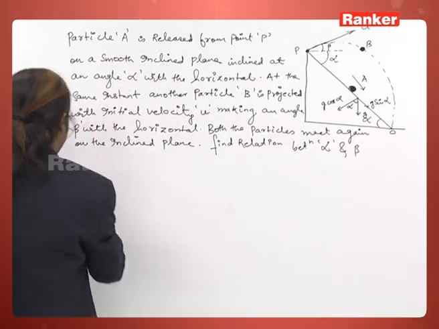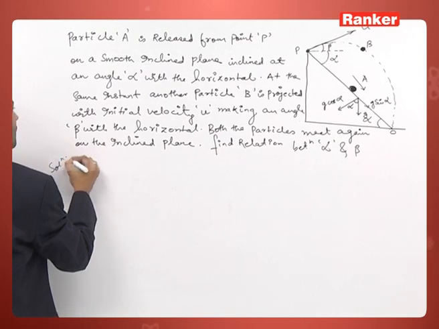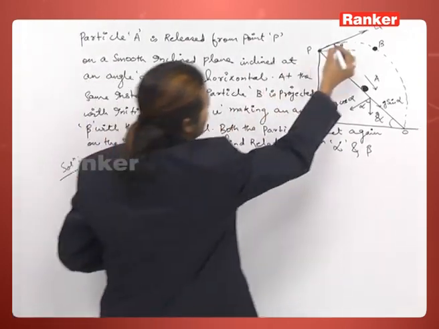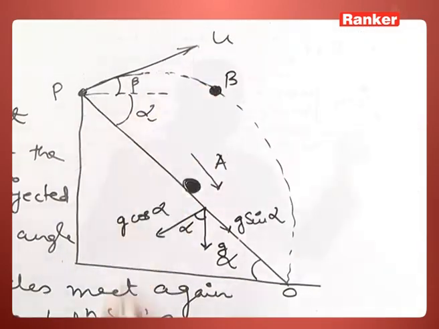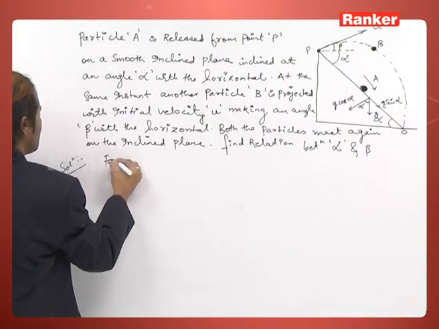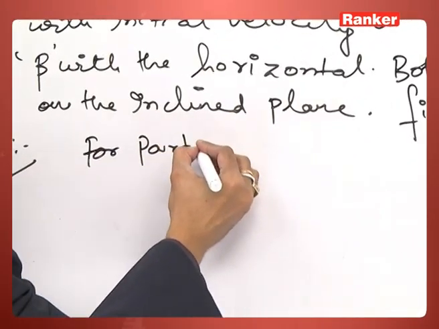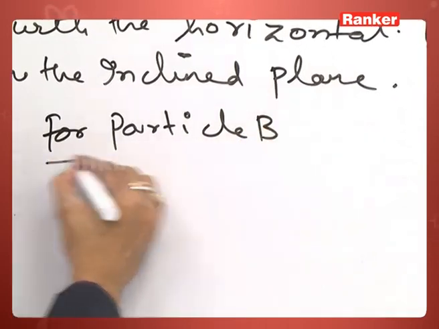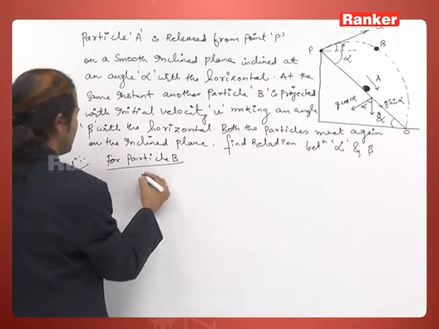So let us say for particle B, OP is the range.